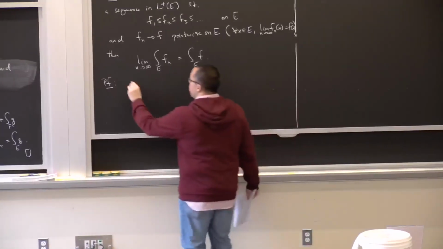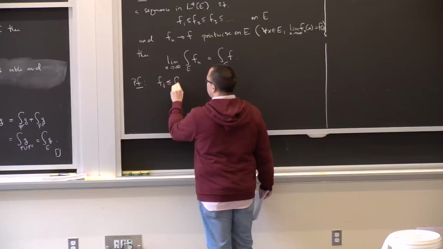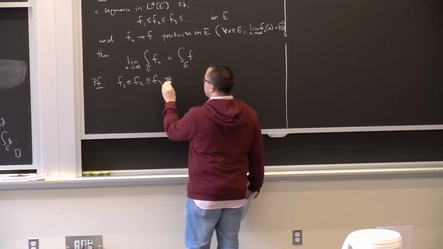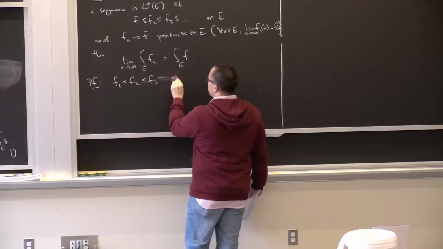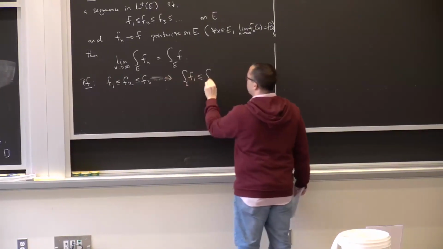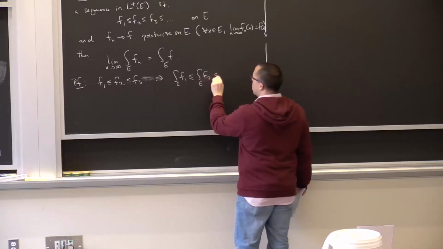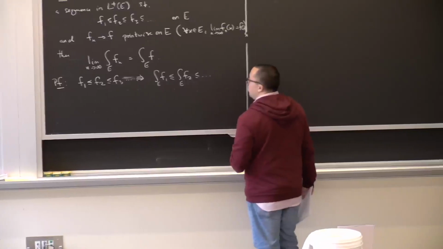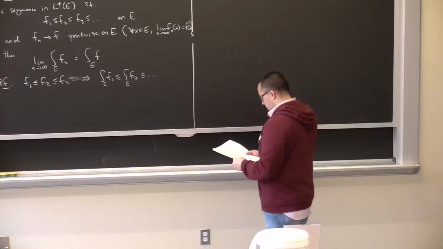So since f1 is less than or equal to f2 is less than or equal to f3, and so on, this implies the integral over E of f1 is less than or equal to the integral of f2, and so on. And what else?